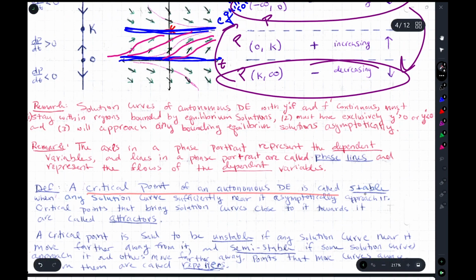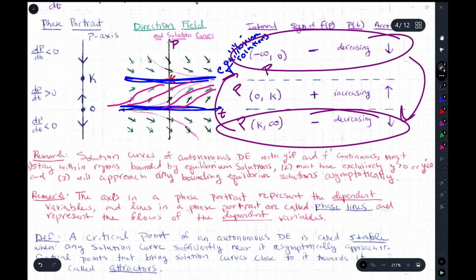A critical point of an autonomous differential equation is called stable when any solution curve sufficiently near it asymptotically approaches it. Critical points that bring solution curves towards them are called attractors. What does that mean?